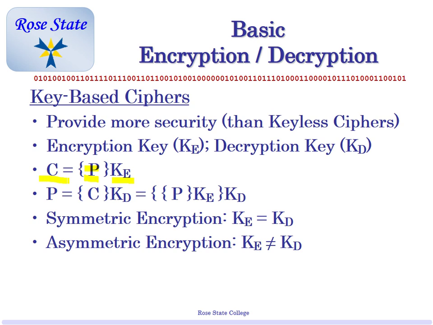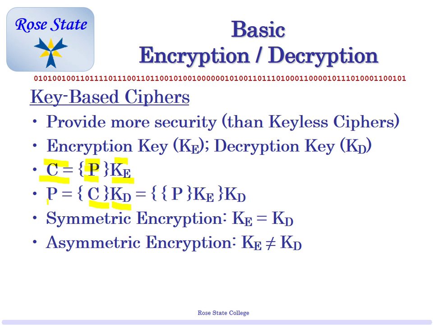We took our book, used some encryption key, and got our encrypted book. Then if we take our ciphertext, the one we just made, and decrypt it using the decryption key, that gets us our plain text back.